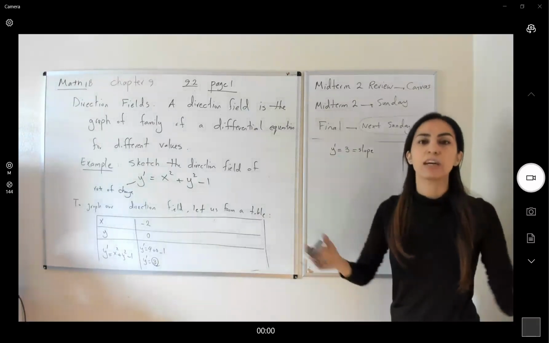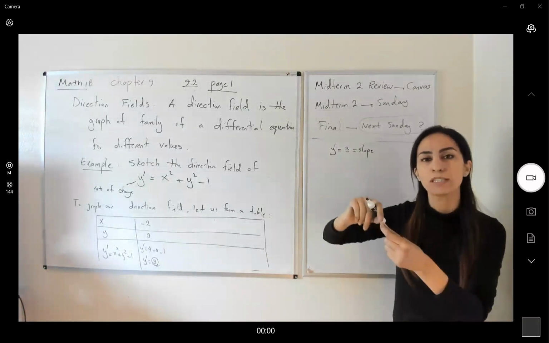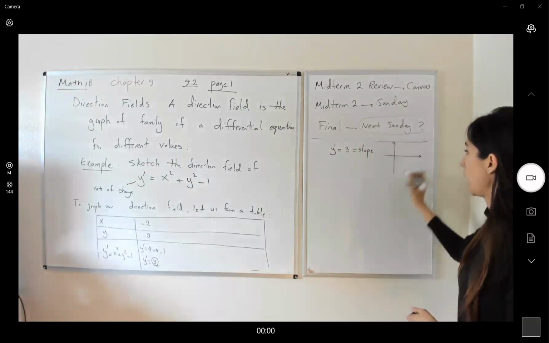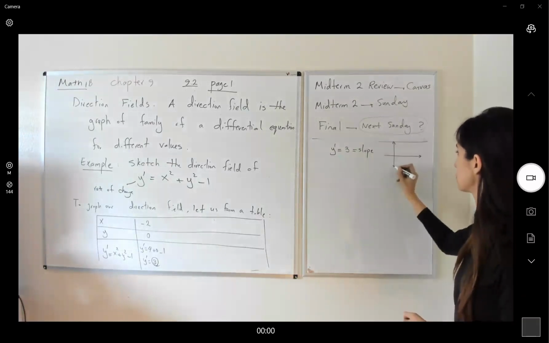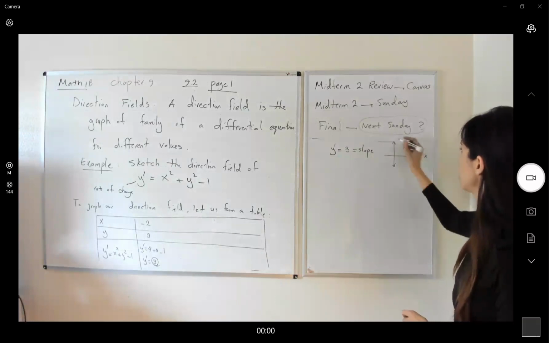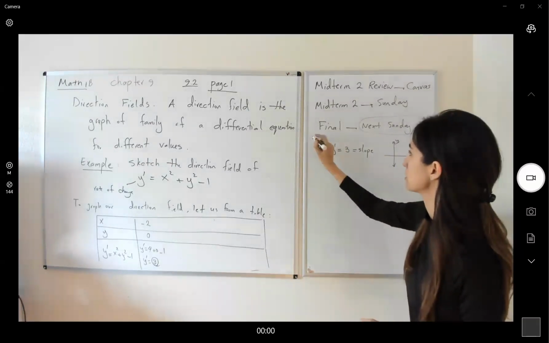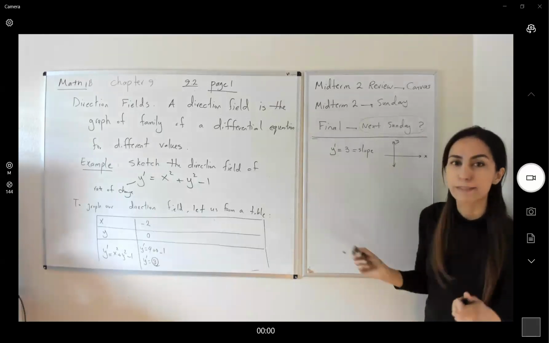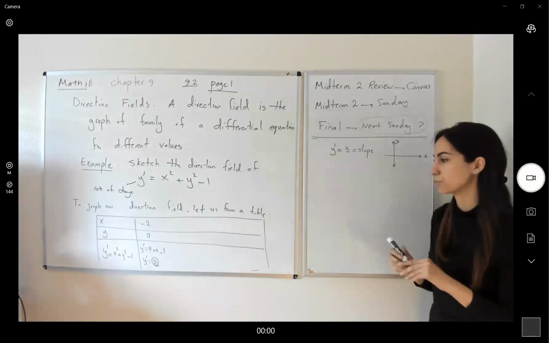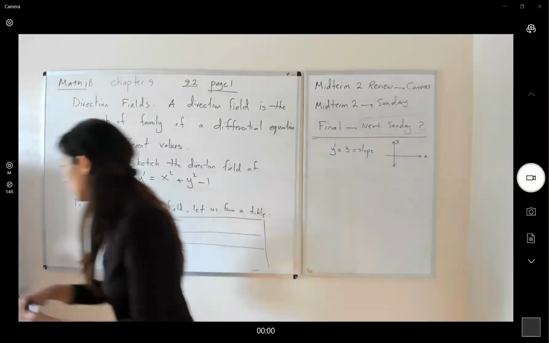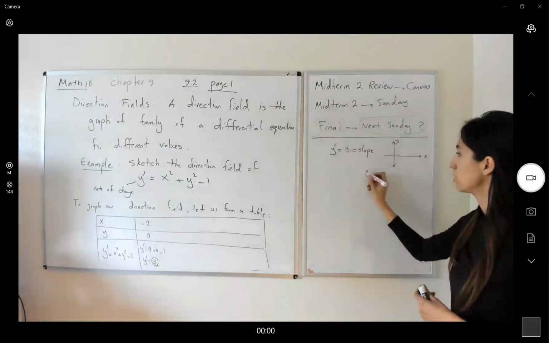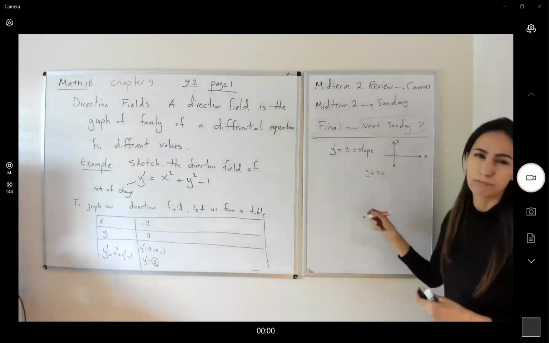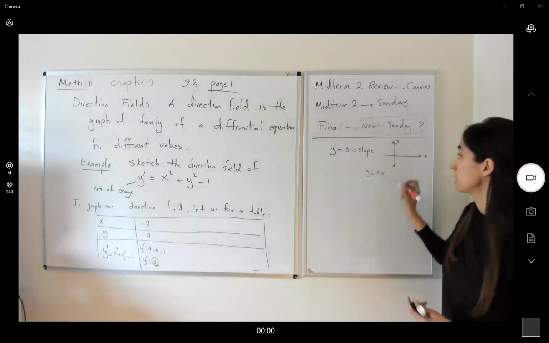How do you graph a line with positive 3 slope? Remember, when you were in algebra, it's pure algebra, guys. Y prime is equal to 3, or slope is equal to 3. Positive 3 is the slope of the line. For example, y equals 3x. How do you graph this? 0, 0, then 1, 3.